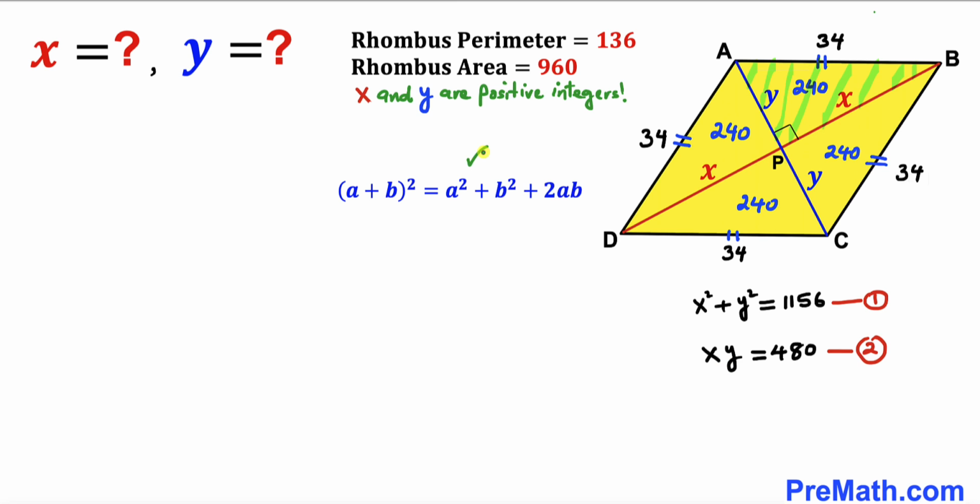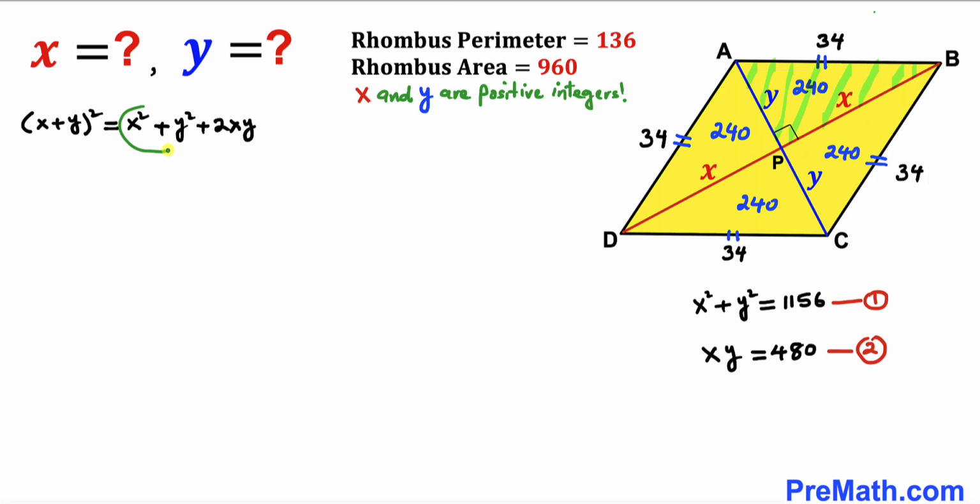Now let's recall this famous identity: (a plus b) whole squared equals a squared plus b squared plus 2ab. Replacing a by x and b by y, (x plus y) whole squared equals x squared plus y squared plus 2xy. Here x squared plus y squared is 1156 from equation 1, and xy is 480 from equation 2.